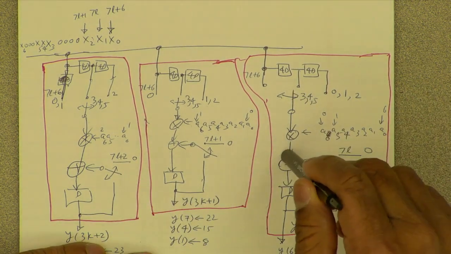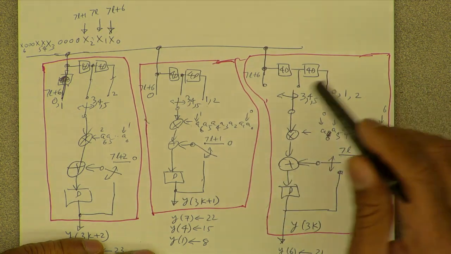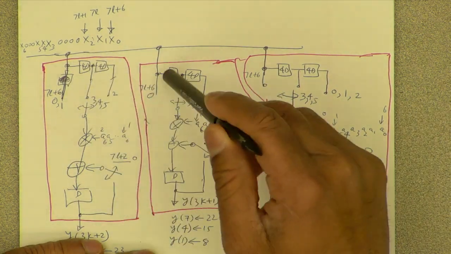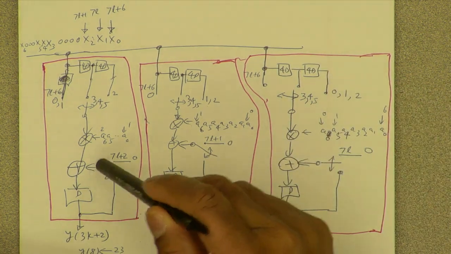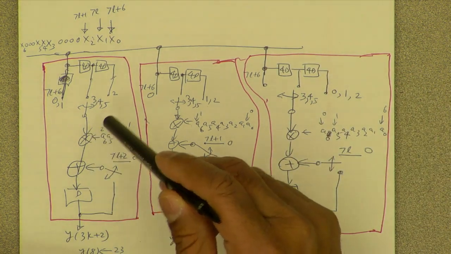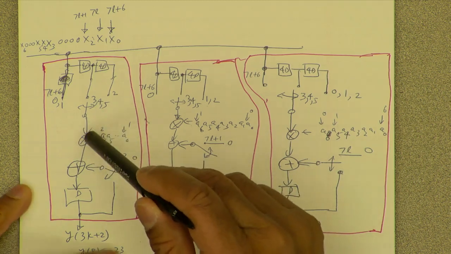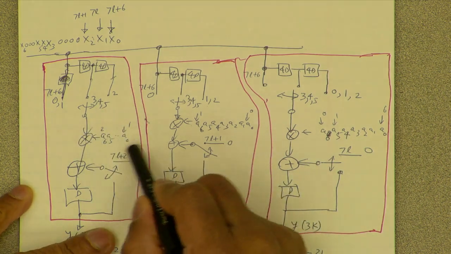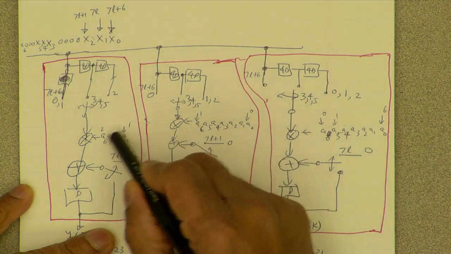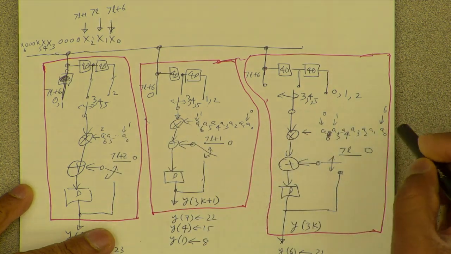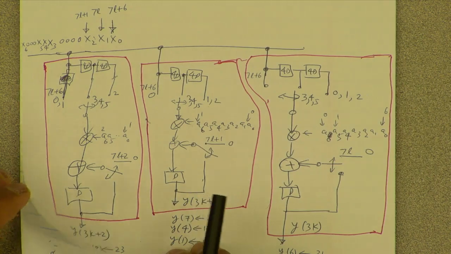But you can see what I am trying to do. Think about each of these as a processing element, and each processing element has a multiply accumulate. What we are multiplying here are these coefficients A0 through A6 written here.